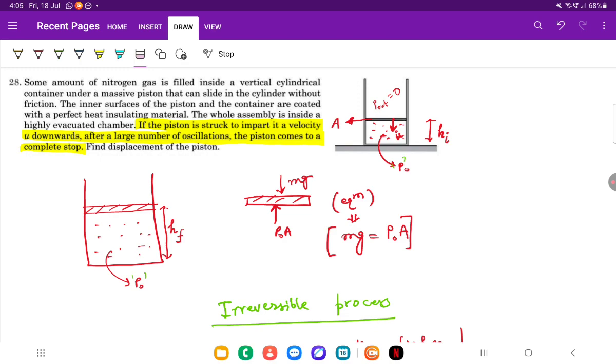And we can do that because it is a quasi-static process, right? Quasi-static means at each point, the equilibrium condition is maintained. Be it thermal equilibrium, be it mechanical equilibrium, it is maintained. Mechanical equilibrium means the net force is obviously zero on the system.